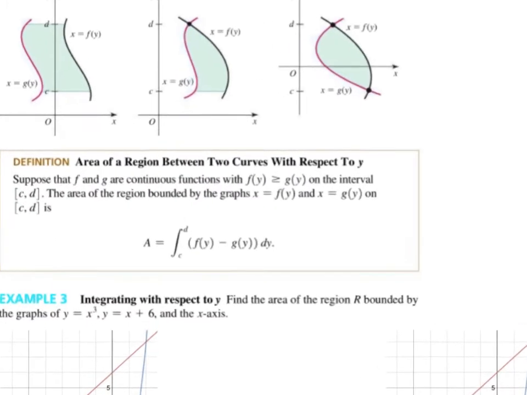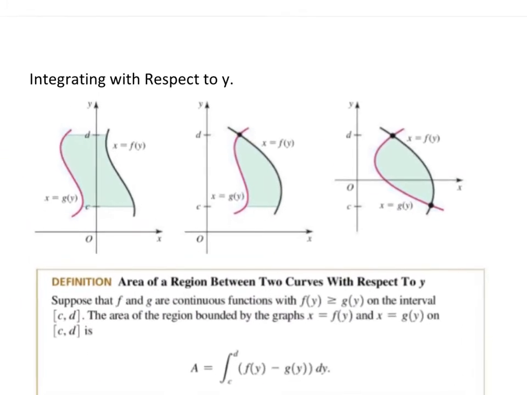Every region that we calculate the area of might not be able to be calculated in terms of x, and it just depends on what you're given. There is a little trick to it, a little way to remember how to do it. If I'm trying to draw my slice, I need to draw a slice that goes from one function to the next.